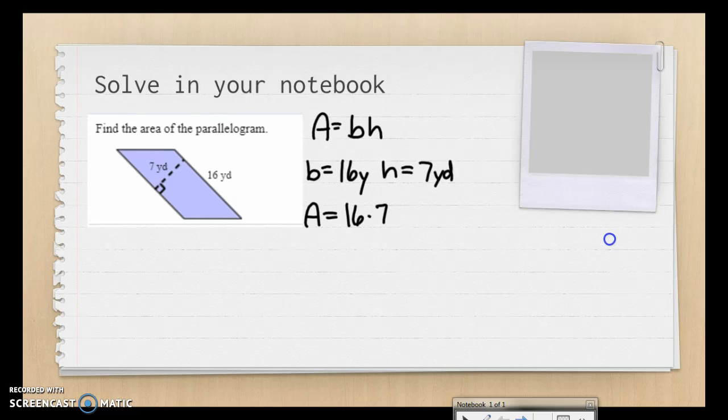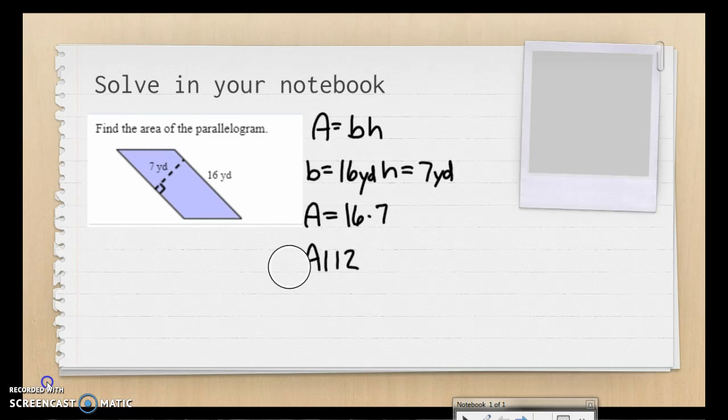Now we solve for area. We're just multiplying our base and height and our yards together. 16 times 7. Well, 7 times 6 is 42, plus 7 times 10, which is 70. 70 plus 42 is going to be 112.